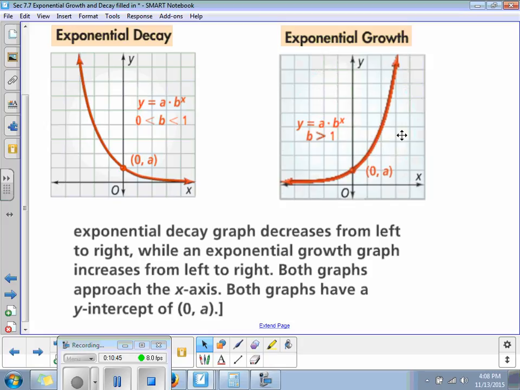And also, both graphs approach the x-axis, and both graphs have a y-intercept of (0, a). And when I say approach the x-axis, I mean they theoretically come closer and closer to the x-axis, but they do not touch it.